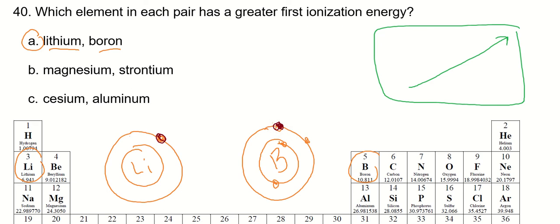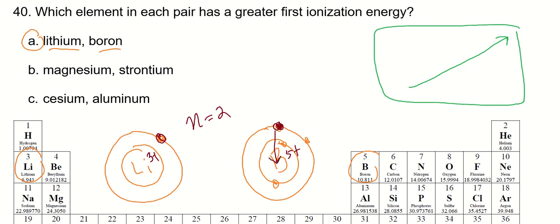They're both in n equals 2, which means they pretty much experience the same amount of shielding. Now, this one has a little more shielding, but the primary factor is the nuclear charge. Lithium has 3 protons and boron has 5 protons, with the shielding about the same.